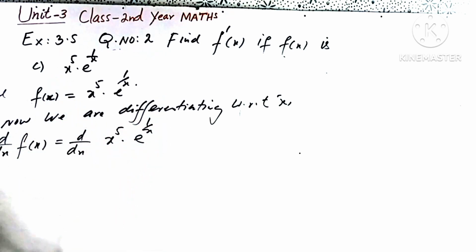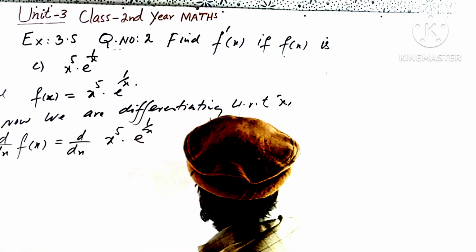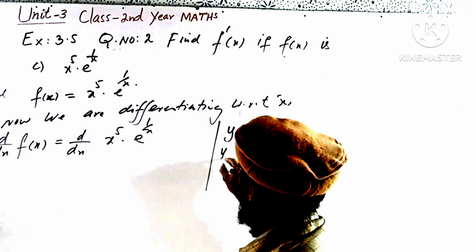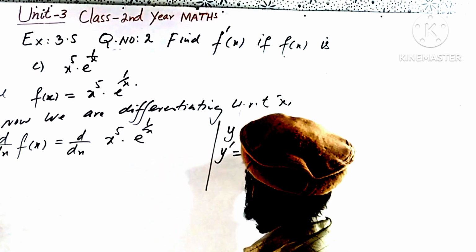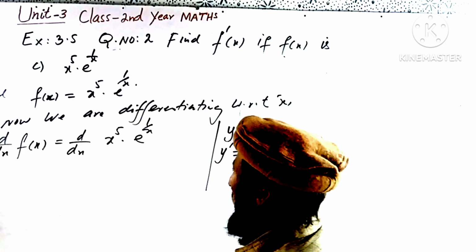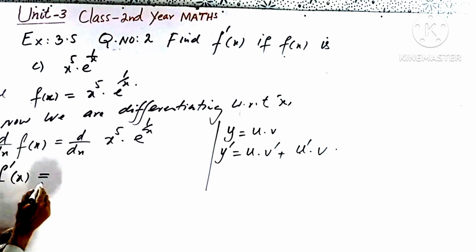Now here we are using the product rule. According to the product rule, we consider y is equal to u times v, then y dash is equal to u v dash plus u dash v. According to this rule, if we apply it here, we can write f dash x, where f prime means first derivative.